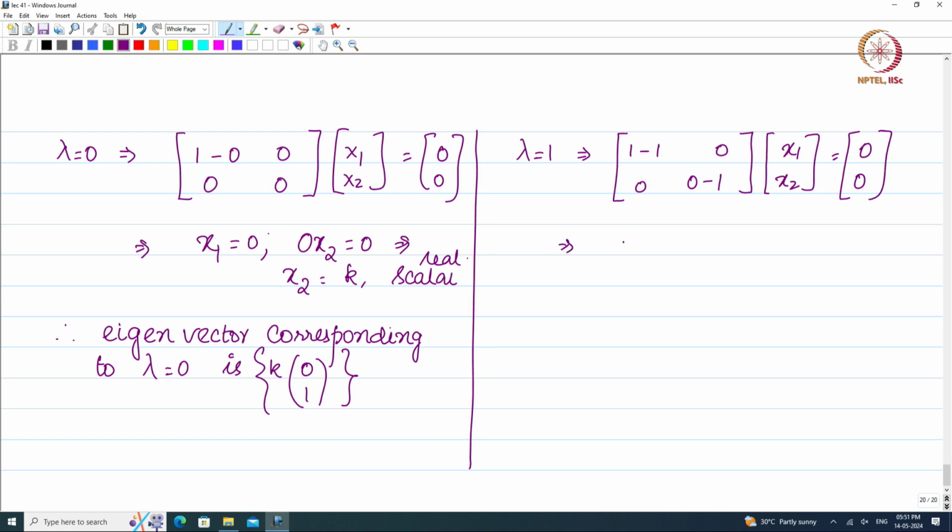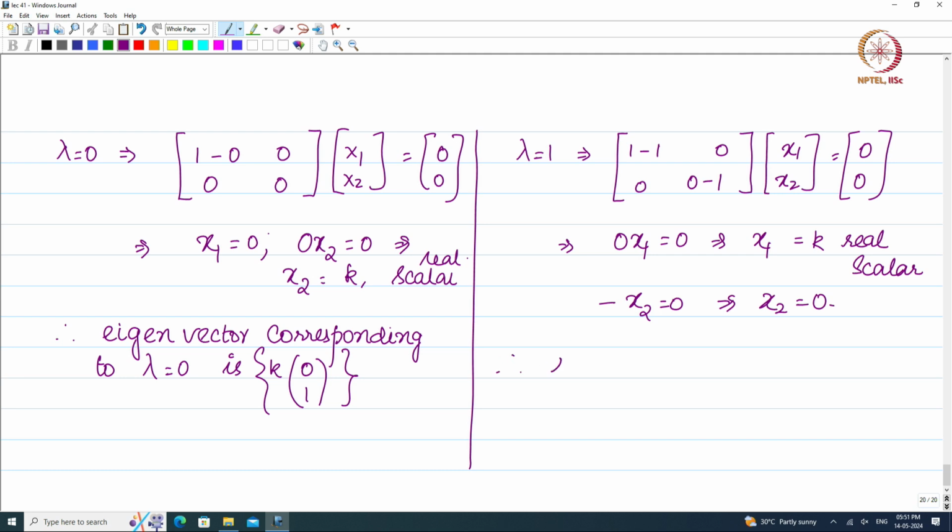So, we have 0 x 1 is equal to 0, which means x 1 can be any real scalar, and minus x 2 is equal to 0 implies x 2 is equal to 0.